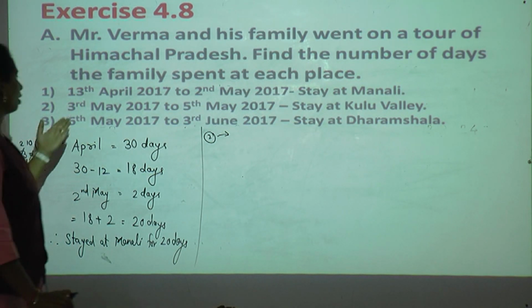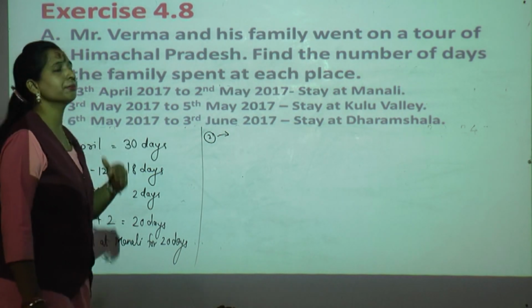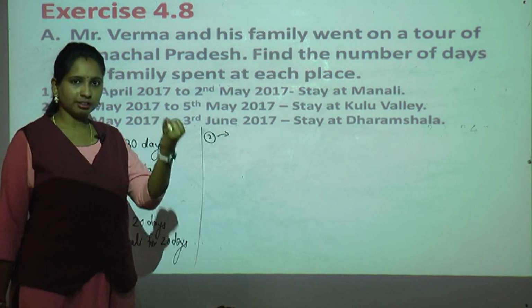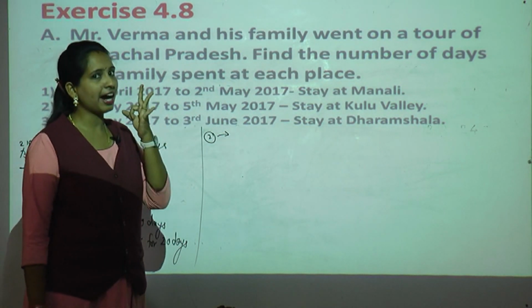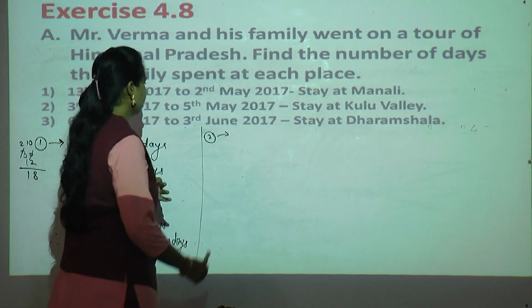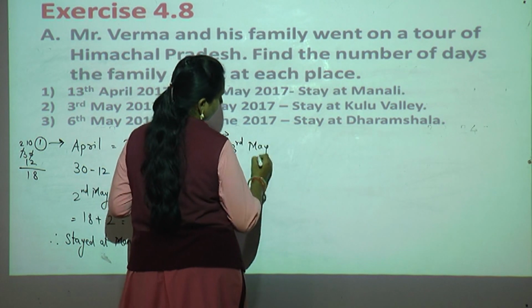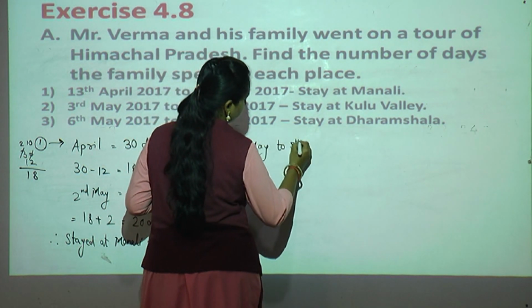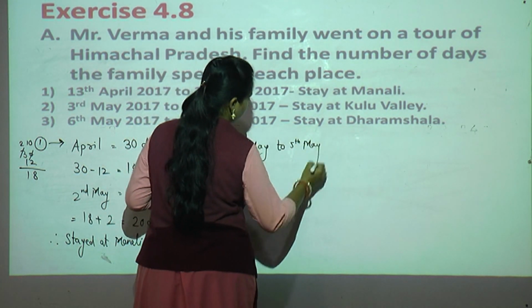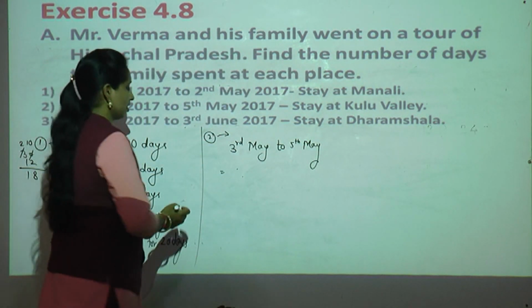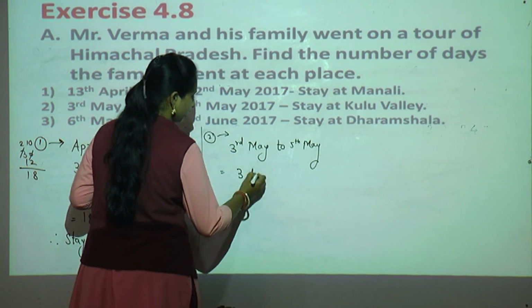From 3rd May to 5th May, how many days are there? You have to include the 3rd also. 3rd May, 4th May and 5th May, isn't it? How many days are there? Yes, just 3 days. So write here 3 days.